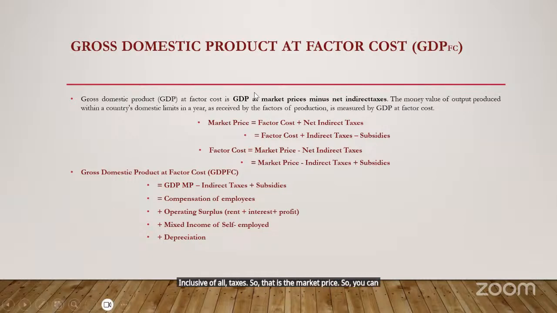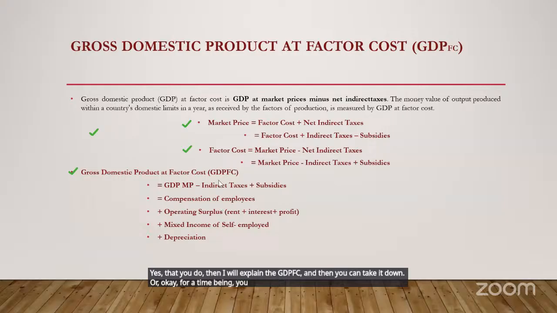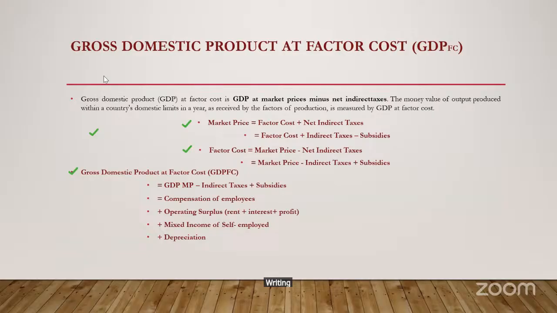So you can take down this and this. Ma'am, only market price and factor cost. Yes, that you do. Then I will explain the GDPFC and then you can take it down. Or, okay, for the time being, you write down this also. I will explain it later. First, you finish writing all these things. Just take down. I will explain everything. What is indirect taxes, subsidies, and also operating surplus, mixed income, everything.